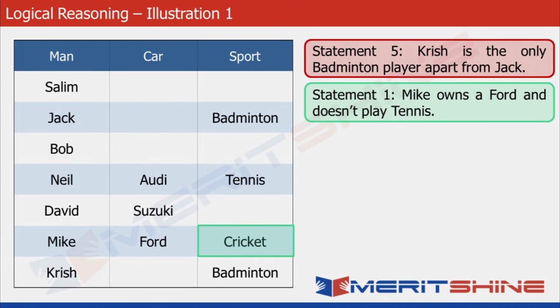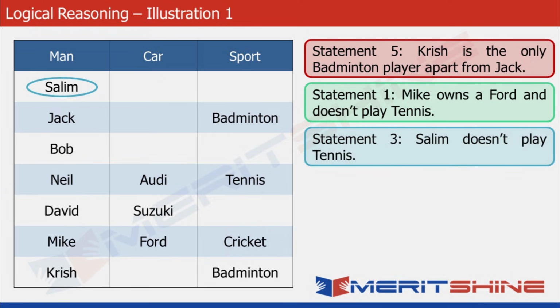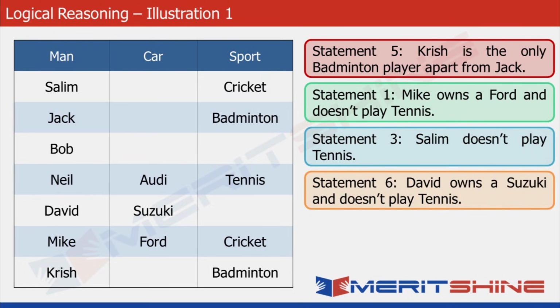Similarly, statement 3 says that Salim doesn't play tennis, which would mean that Salim also must be playing cricket using the same logic. Thus we put cricket in the sports cell in Salim's row. We repeat this exercise once again and revisit statement 6, which now tells us that David doesn't play tennis. We can easily infer that David also would be playing cricket and fill the cell up accordingly.